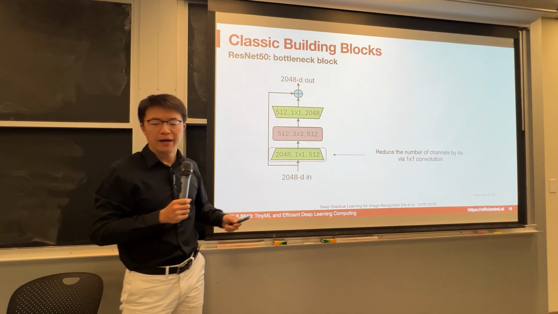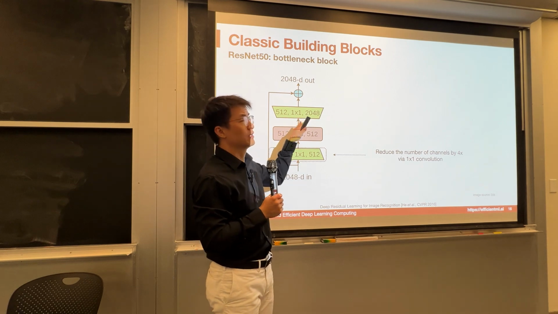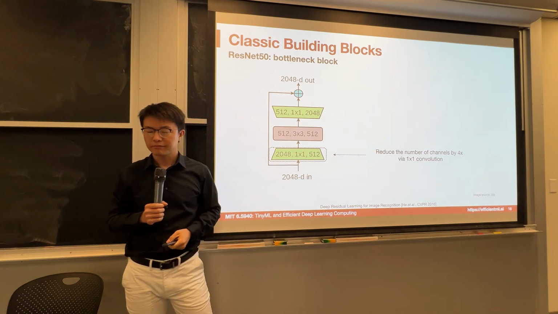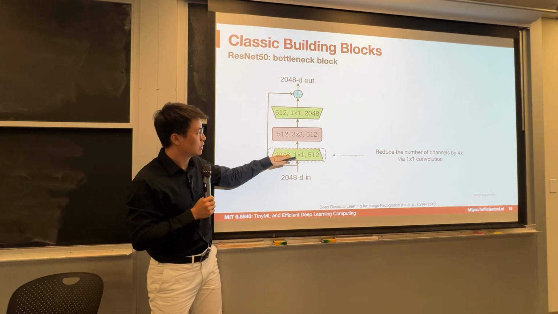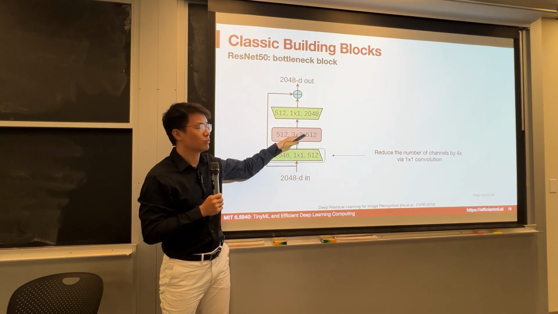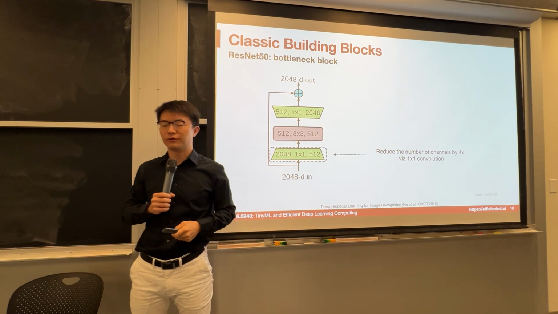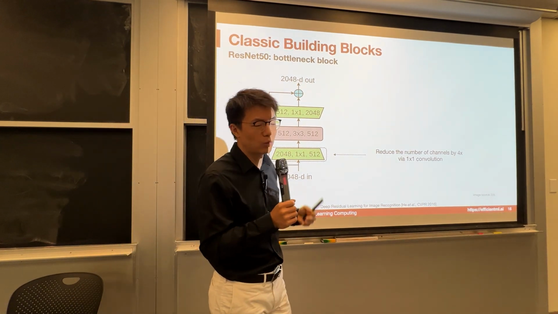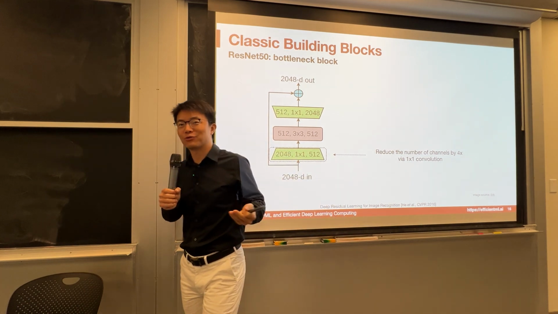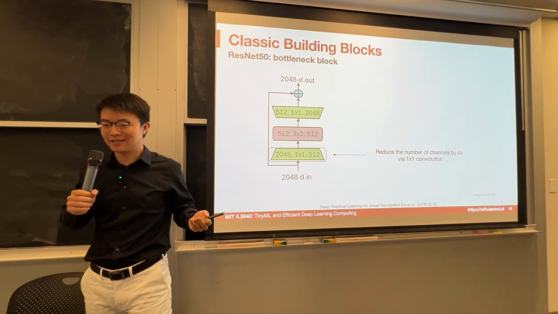So this is the classic ResNet 50 bottleneck block. This block consists of 3 layers, a 1x1 layer, and another 1x1 layer, and we have a 3x3 layer in the middle. So why don't we have just one 3x3 convolution and that's it?